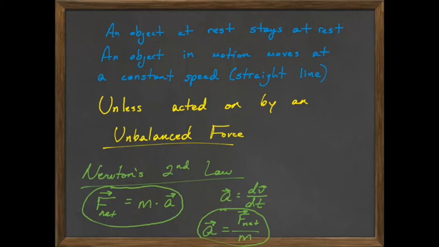Okay, so the last thing we're going to talk about for this chapter is a way to help identify forces and their vectors. It's something called free body diagrams. One of the things we have to do before we do free body diagrams is have a way to identify forces.